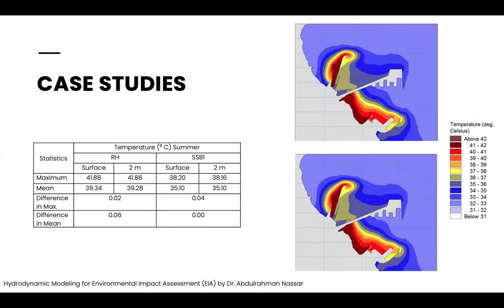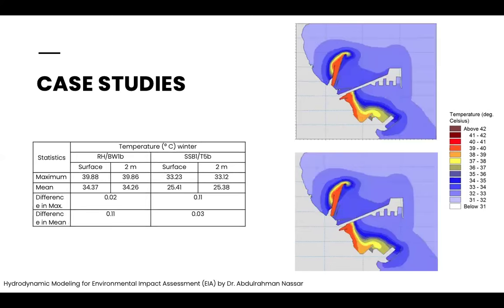So we got a lot of information from the modeling, predicting the dispersion of the high thermal water from this project, and we can now investigate the impact assessment and the potential impact, and then put in our mitigation.